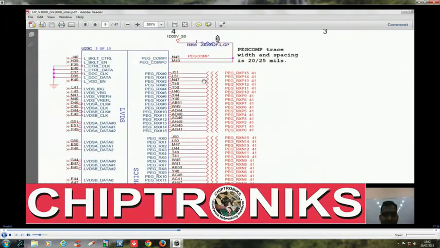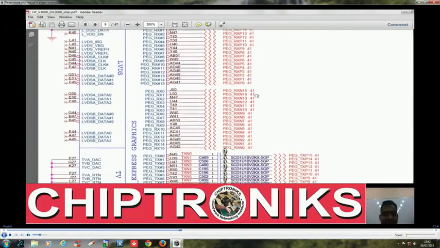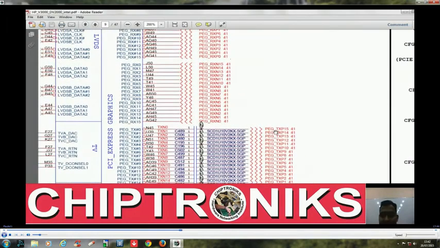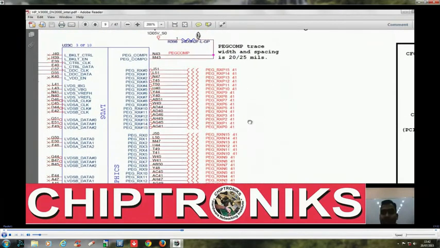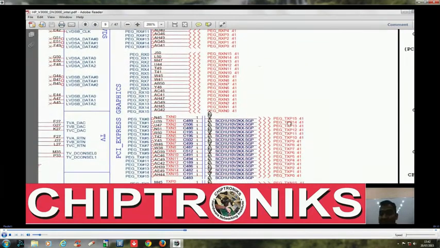As you can see, there are peg_RXP15, peg_RXN15, and this is peg_TXP15, and this is peg_TXN15. That means 2 wires for transmitting, 2 wires for receiving. RXP means receive positive, RXN means receive negative. That means we have 2 wires for receiving and 2 wires for transmitting.